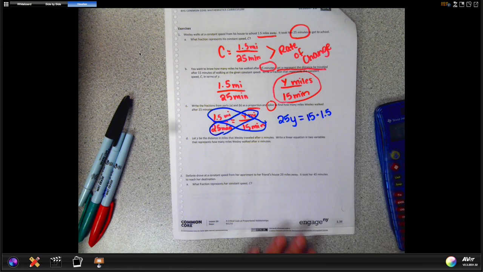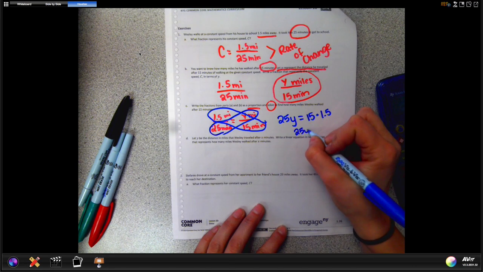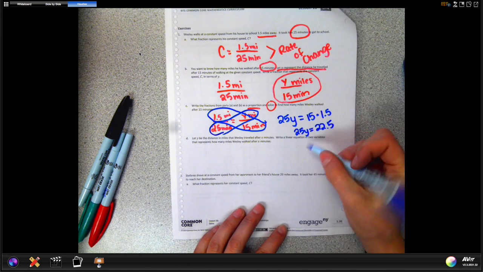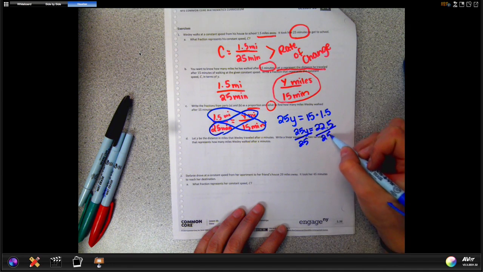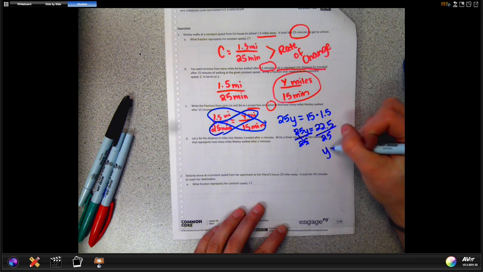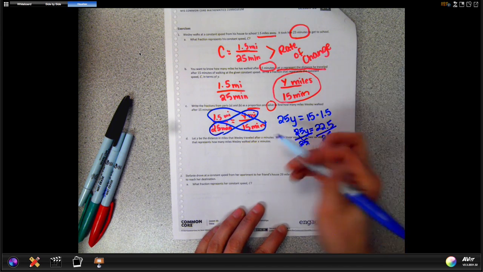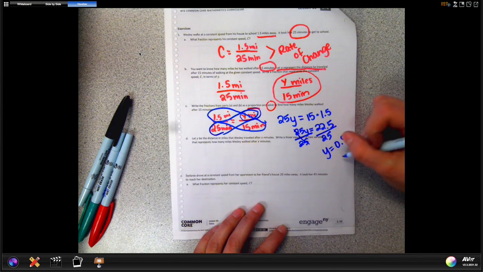If you put that in, 15 times 1.5 is 22.5. So now you have 25y equals 22.5, and now we're going to divide by 25 on both sides, and you end up with y equals 0.9. And remember, we want to put a unit on that. Y was y miles, so 0.9 miles.